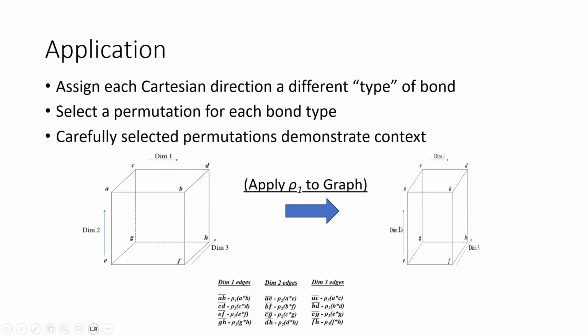But the way I approached this was I said, suppose each Cartesian coordinate represents a certain flavor of connection. You could think of it as left to right is size, up and down is shape, and front and back is color. And so we encode the graph in this way. The link from A to B is going to be row 1 applied to A cross B, or A bound with B. Sorry, I should clarify.